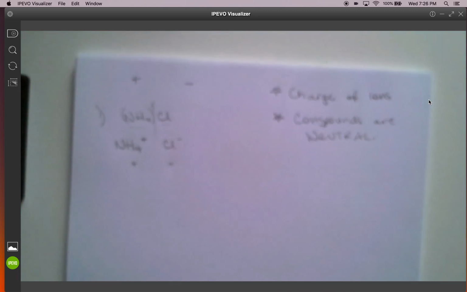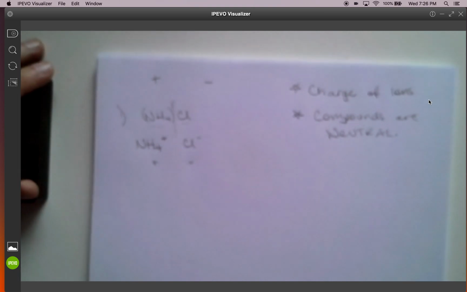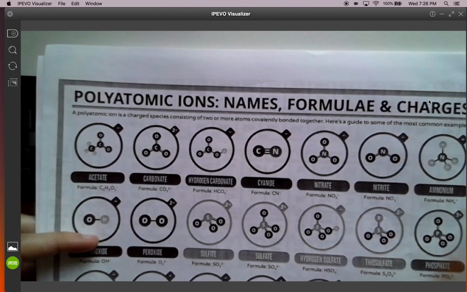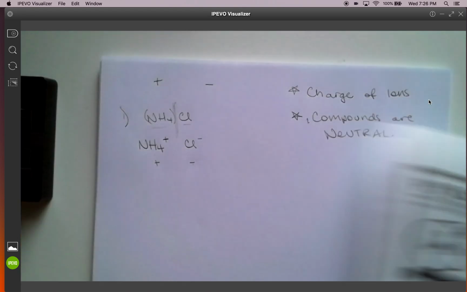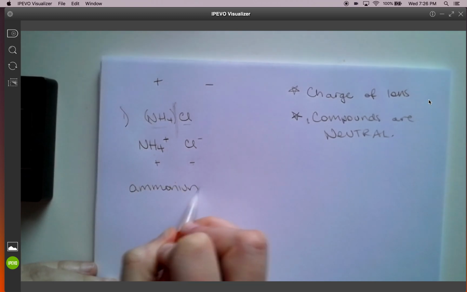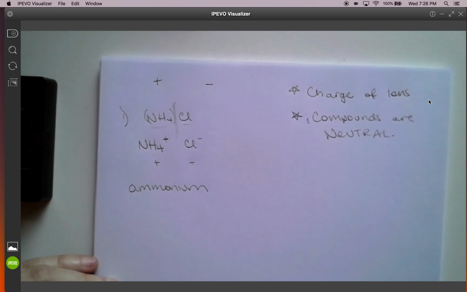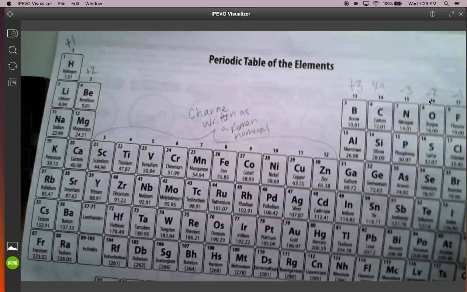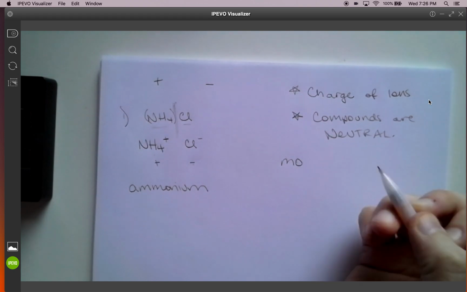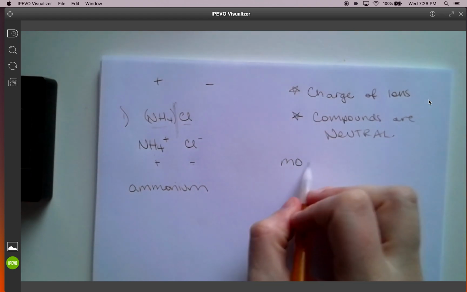Here we're looking for its name, so let's find that NH4 had the name ammonium, so we're going to write down ammonium. And that chloride, that Cl, is a chloride. It is a monatomic ion over on this side. Monatomic ions always have the same ending, always and always.